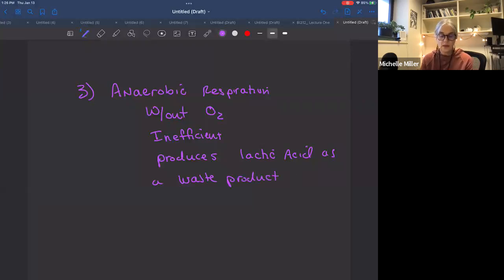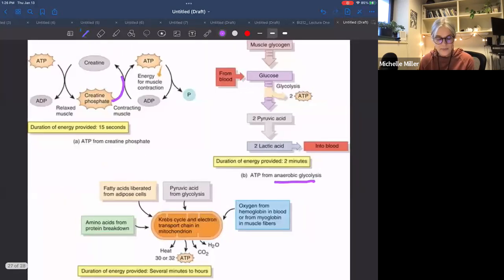Okay. So let's go back and look at these comparisons. Several minutes to an hour, that would be the duration of energy. That is aerobic. If we are just going to sprint, we would have enough energy to produce.